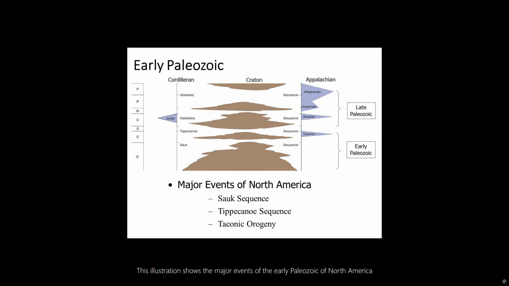This illustration shows the major events of the early Paleozoic of North America. On the eastern margins, we have the Taconic orogeny, the first orogenic event to affect the Appalachian mobile belt. Just before the beginning of the Taconic orogeny, you can see when sea level dropped and the unconformity that divides the Sauk and Tippecanoe sequences begins.